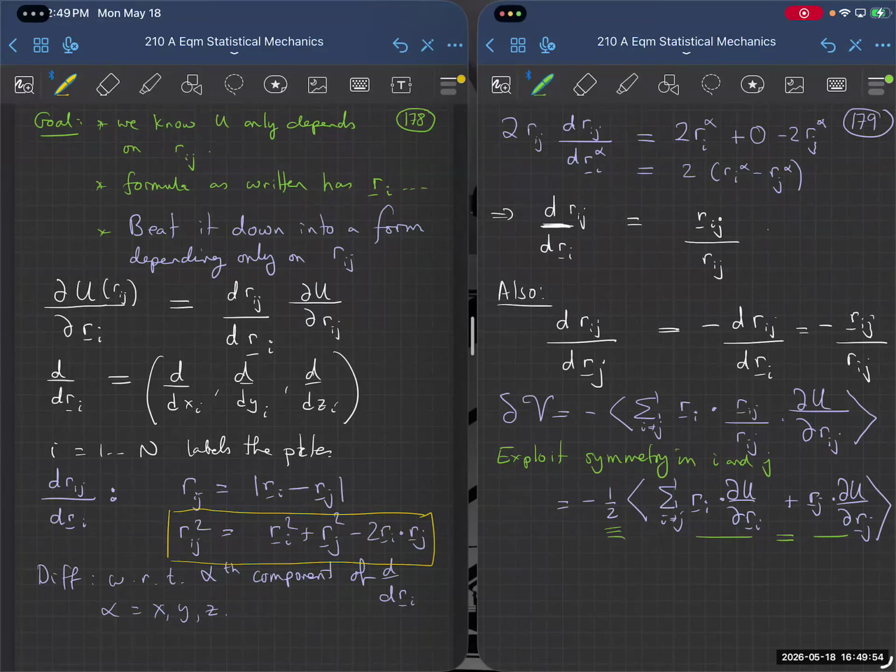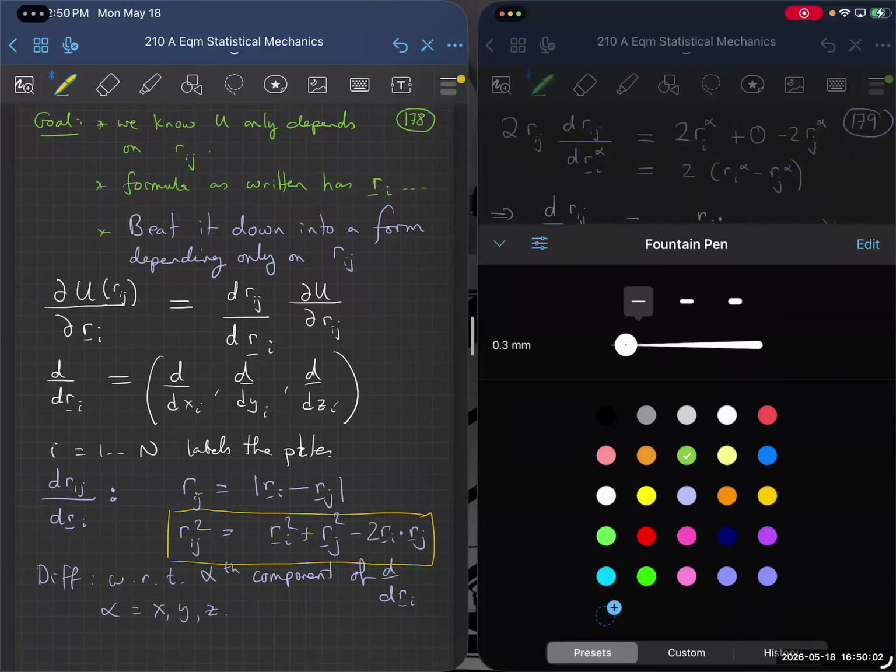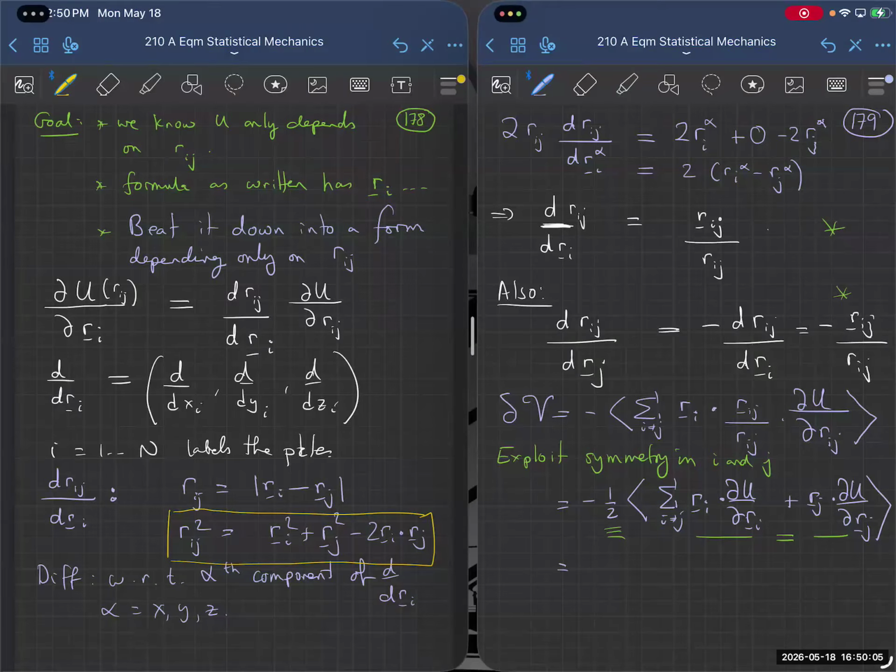But the reason I've written it like this is because now, since I know this equation and I know this equation, I can write this whole thing as equal to minus 1/2 the sum over i not equal to j of (Ri minus Rj) dotted with Rij over Rij times dU/dRij.